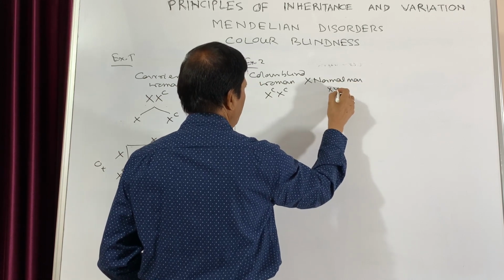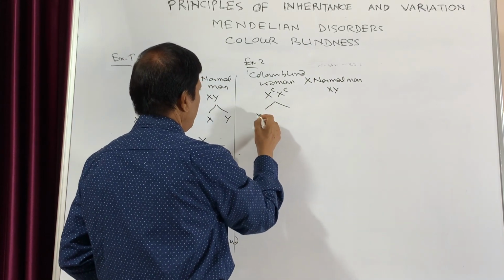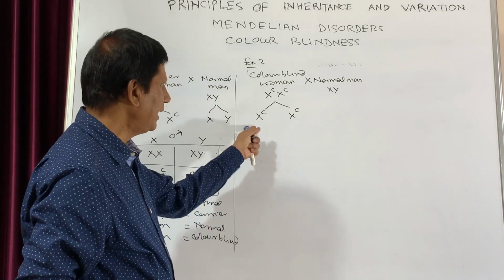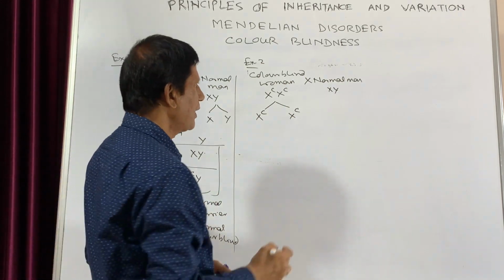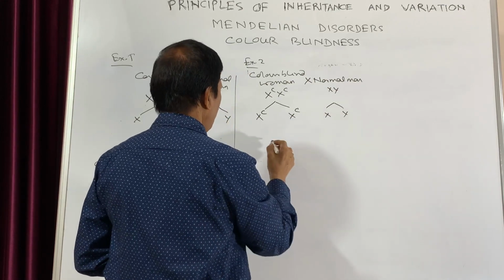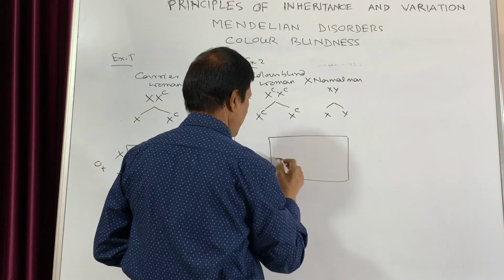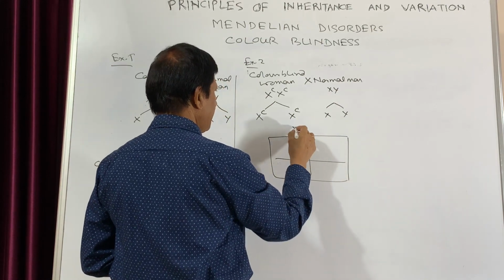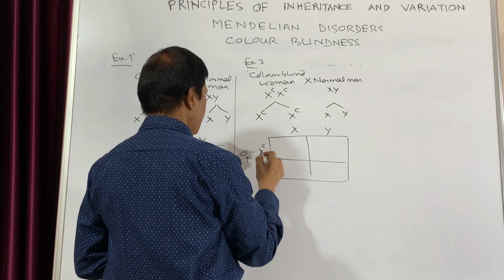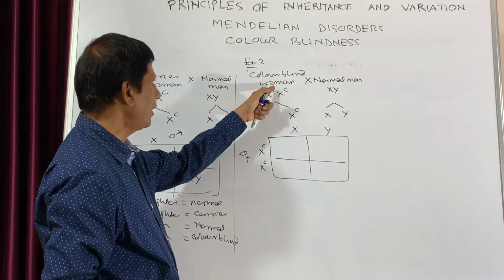Normal man means it will be X and Y. So here it will produce the X will be both the X will carry that gene, while here X and Y. Now for the F2 generation, in the male side it will be X and Y, and in the female side it will be XC and XC, because it is colorblind woman.